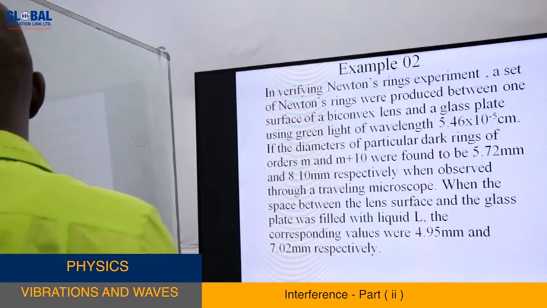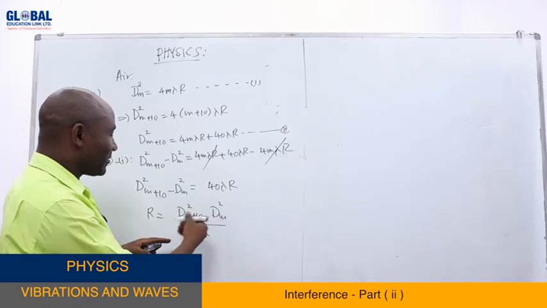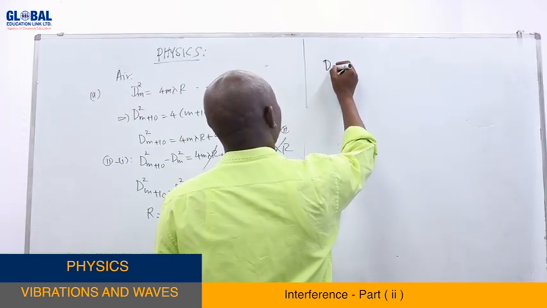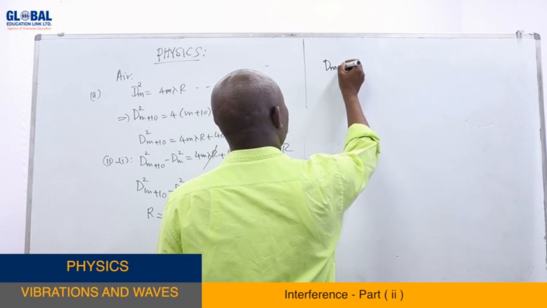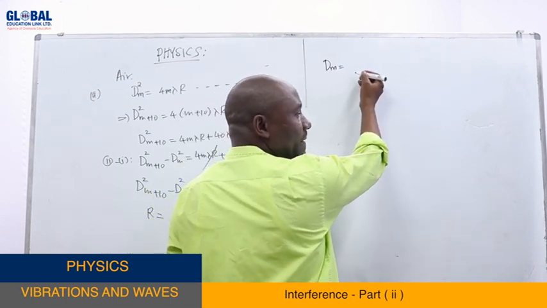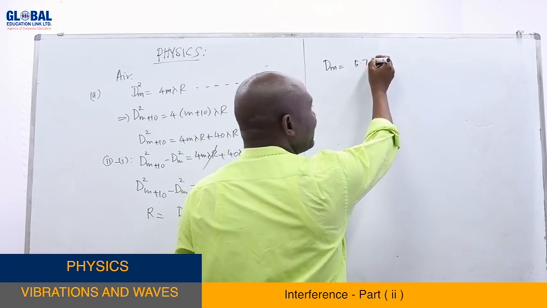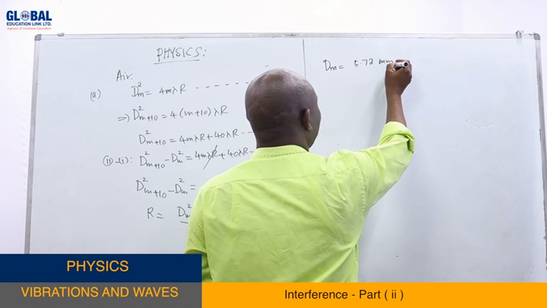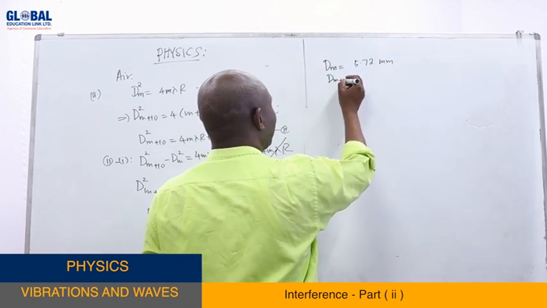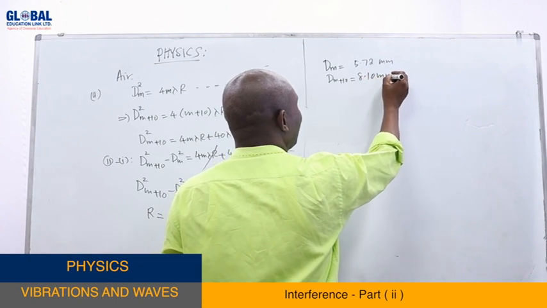So the wavelength is given. You're supposed to find the diameter corresponding to m and m plus 10. The diameter corresponding to the m order was given as 5.72 millimeter, and for the order m plus 10, it was given as 8.1 millimeter.